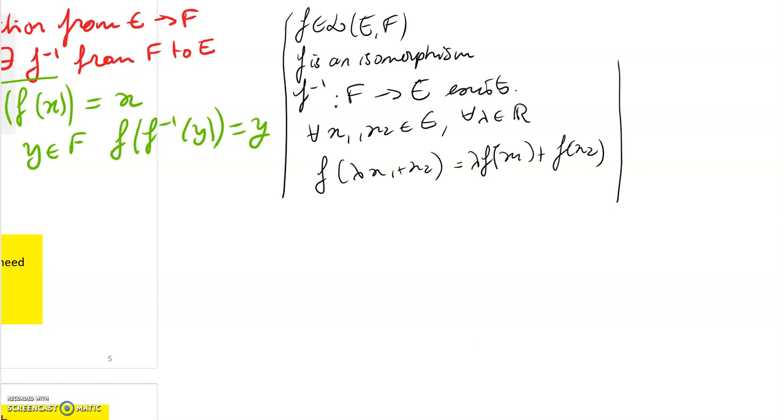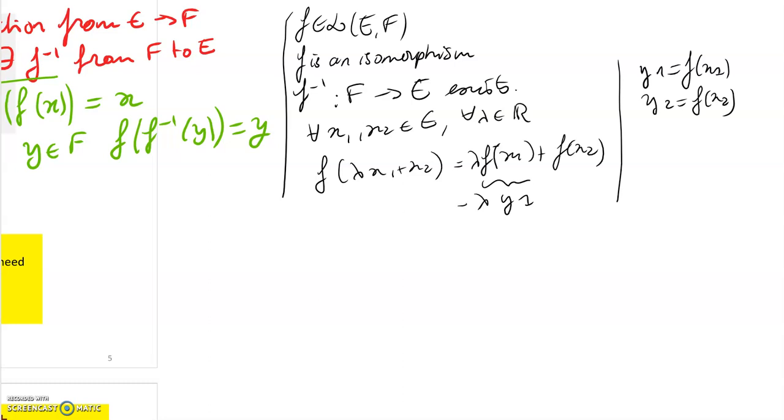Let's put y1 equal to f of x1 and y2 equal to f of x2. Okay, so this is really y1, lambda times y1, and y2.